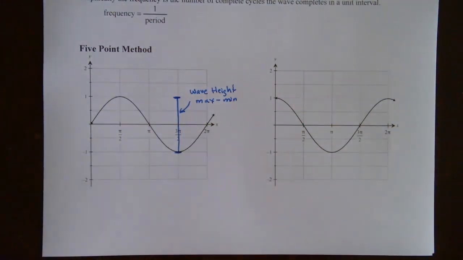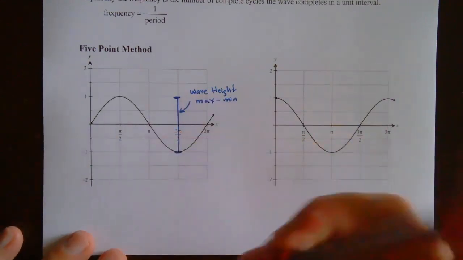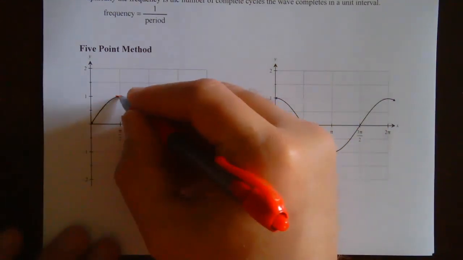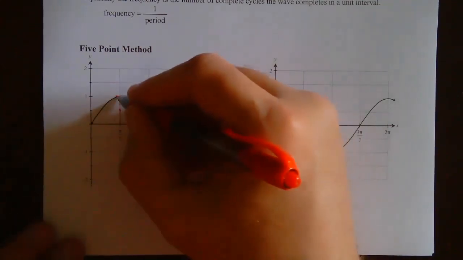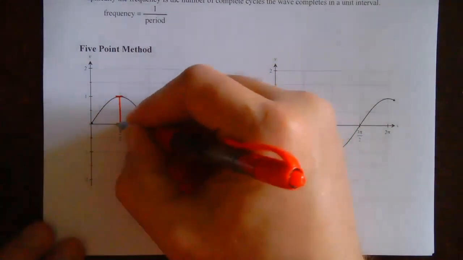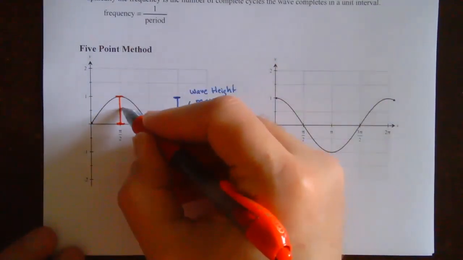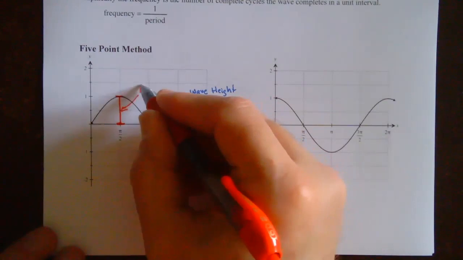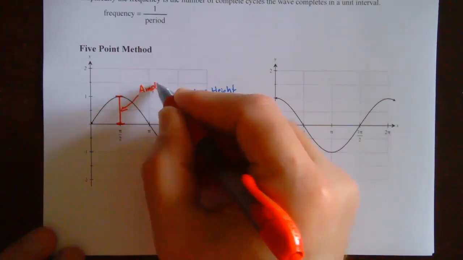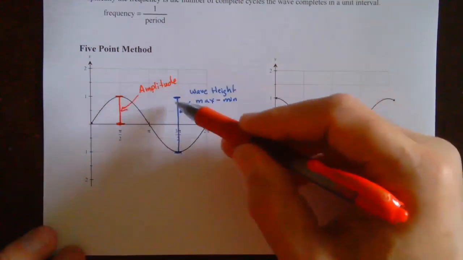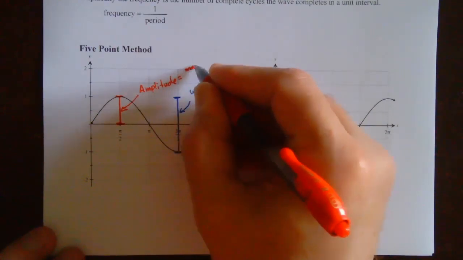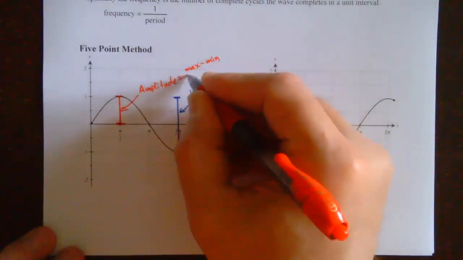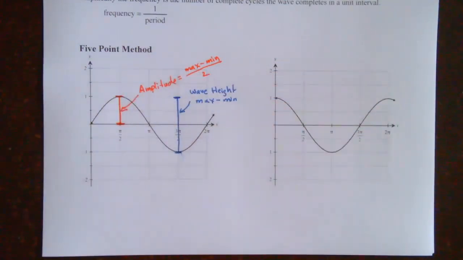And then half of that, which would be this distance right here, from here to here, that's what we're calling the amplitude. It's half of this wave height, so it's equal to the max minus the min divided by 2. And we've done that several times.